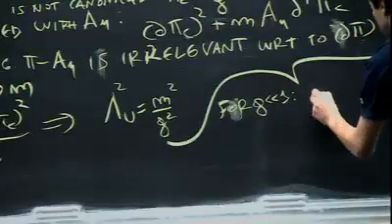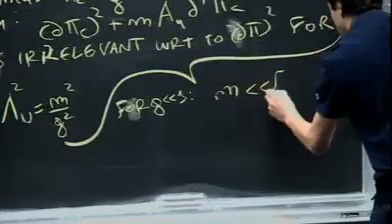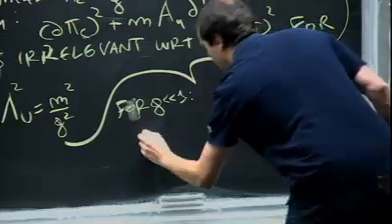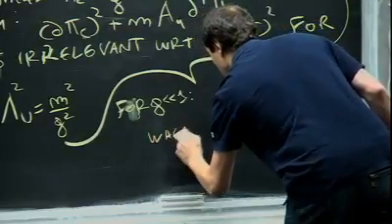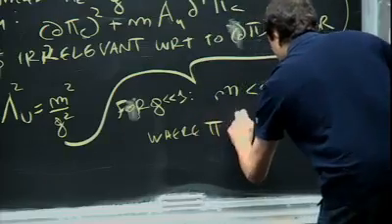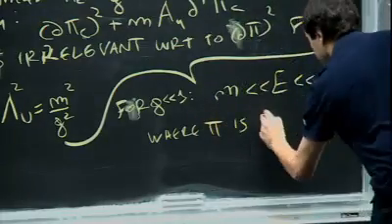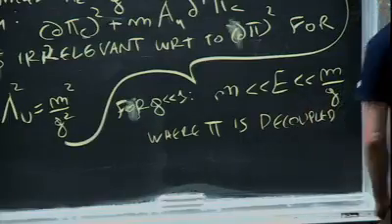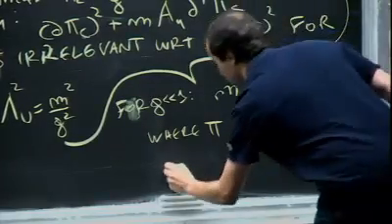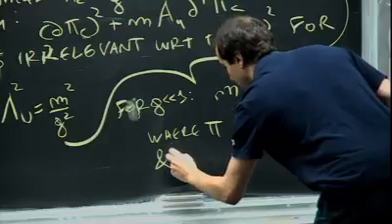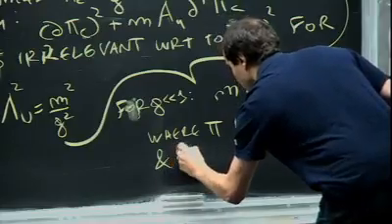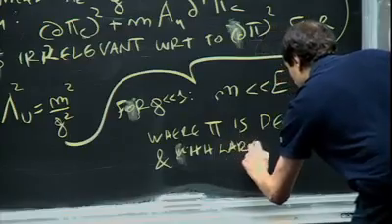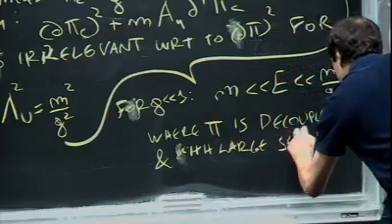There is an energy range, between m much less than energy and much less than m over g, where pi is decoupled and self-interacting, with perturbative but large self-interactions.